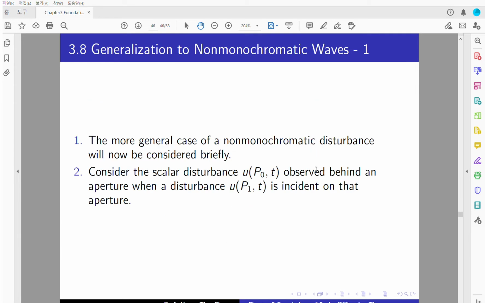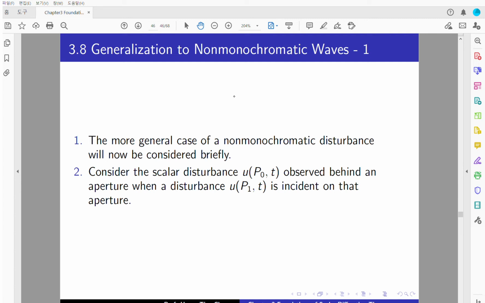And now in section 3.8, what we are going to talk about is the generalization to non-monochromatic waves. In the previous case, the wave is a function of space and time, and what we have assumed is a monochromatic wave. That means we have e to the i(k dot r minus omega t).